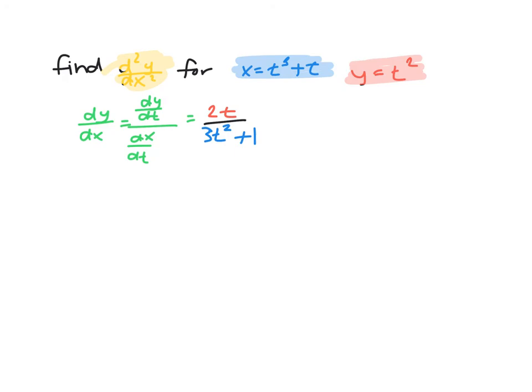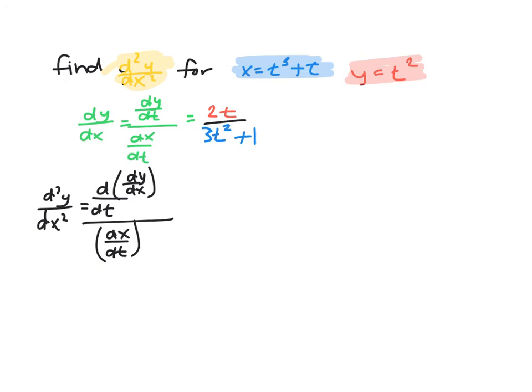Now we need to remember our rule for the second derivative. The second derivative of a parametric curve is given by the derivative with respect to time of the first derivative, and then on the bottom we have an extra factor of the change in x with respect to the change in time. So I'm just going to rewrite some symbols.